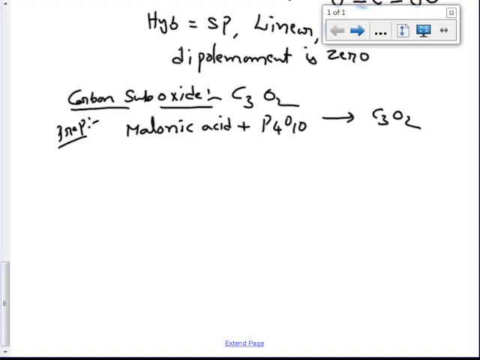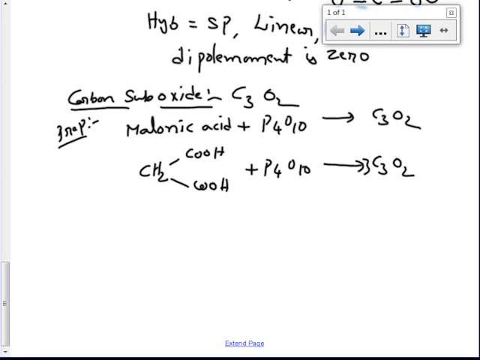The formula of malonic acid is CH2(COOH)2. On reaction with P4O10 it gives C3O2, 3 moles, plus 4 moles of H3PO4, orthophosphoric acid.